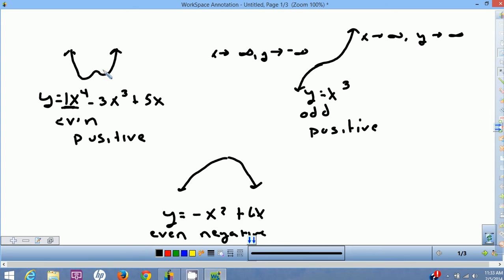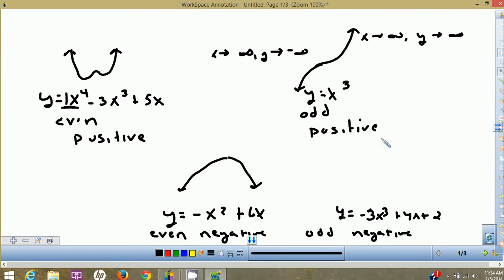Right? One more example here. What if my function is y equals negative 3x cubed plus 4x plus 2. What do I have? I have odd and I have negative. The 3 is odd as my exponent, and my negative 3, my leading coefficient, is negative.